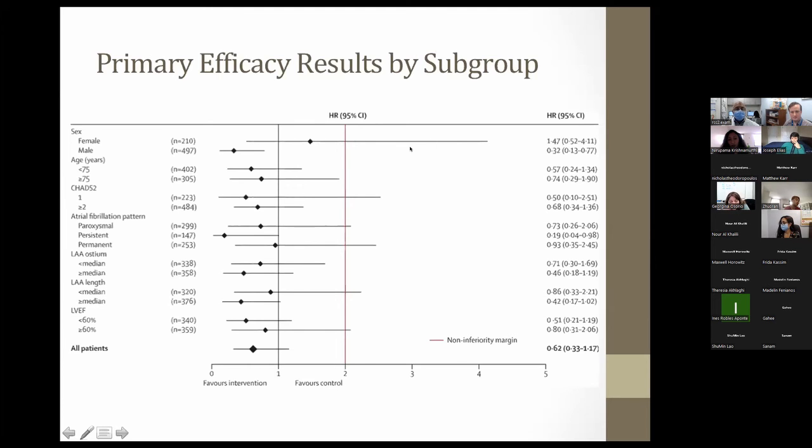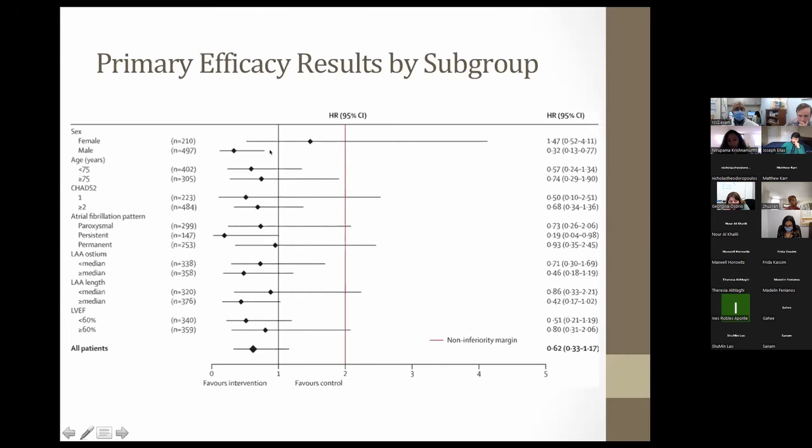So you can see this is a very wide confidence interval, right? So it crosses 1. So really you cannot tell if the intervention is superior or inferior to the control. And then when it comes to the non-inferiority, it crosses the non-inferiority margin as well. So all you can say is that it's not non-inferior for females.